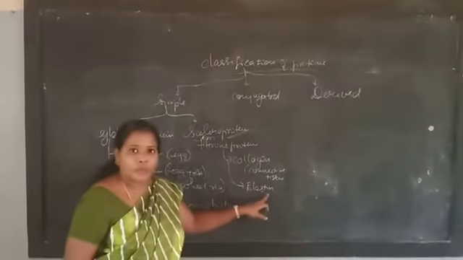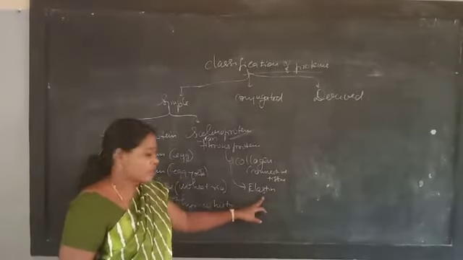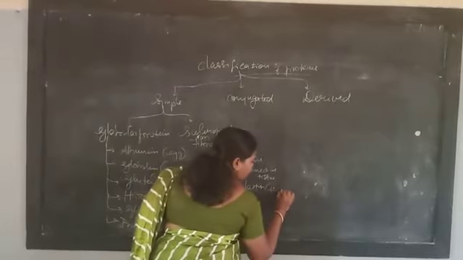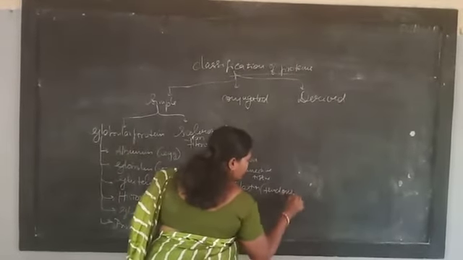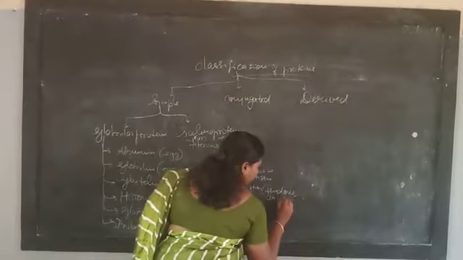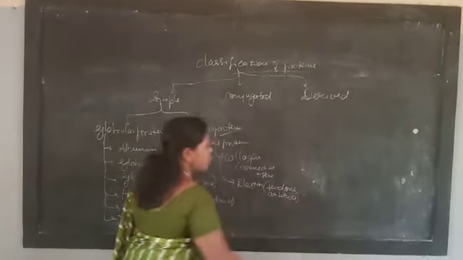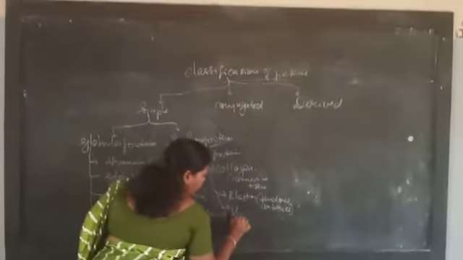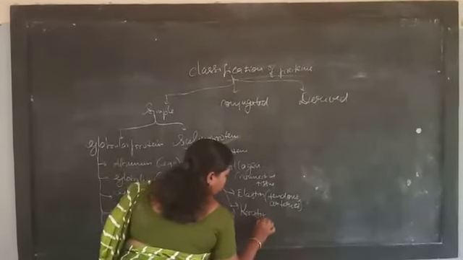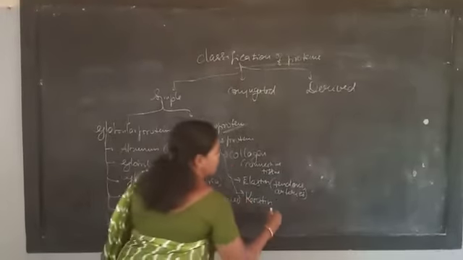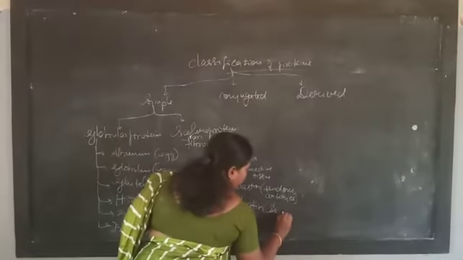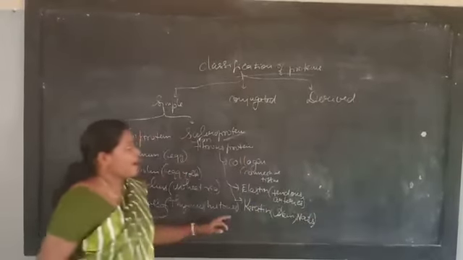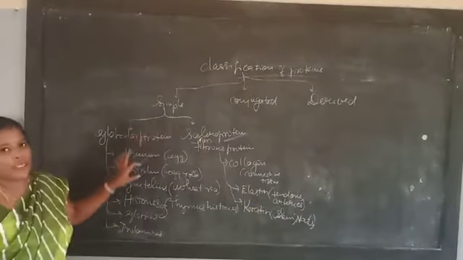Elastin is present in elastic tissues, that is, arteries and tendons. Then the next one is keratin, which is present in nails and skin. So that's all about the simple proteins.